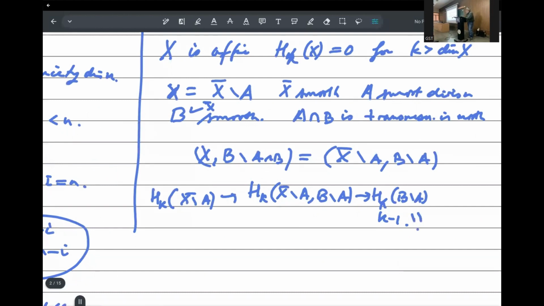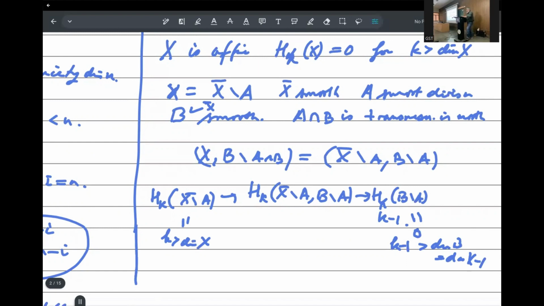This is 0 for k minus 1 bigger than dimension of B, which is dimension of X minus 1. This is 0 for k bigger than dimension of X. Right? Assuming everything is smooth for the moment, you've got a smooth projective variety, you're taking two smooth divisors which meet nicely. Then X bar is that projective variety, right?